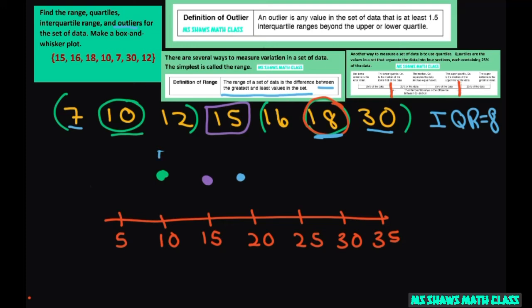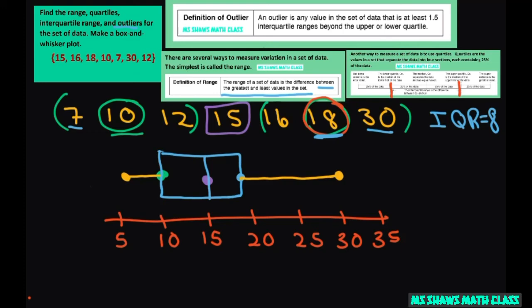And then you just draw a box. All right, that is the box part. For the whiskers, you go down to 7, which is your minimum, and up to 30, which is your maximum. So there's your box plot, or box and whisker plot. The box and then the whiskers.